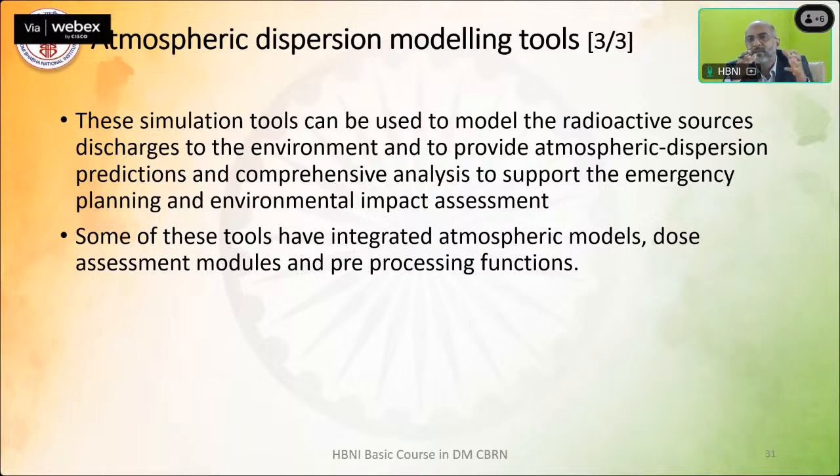Otherwise, for understanding, you can use this model to see the scientific basis of how transport and dispersion is happening. But when you call it a dispersion tool, it needs to have certain elements that help us in making decisions, which we will discuss in the next class, tomorrow's class.